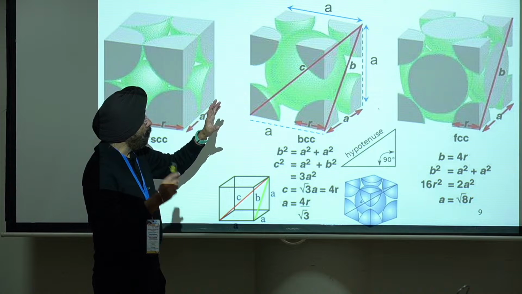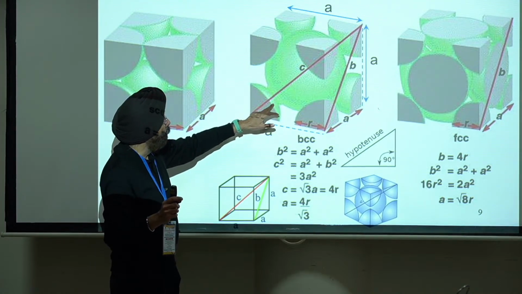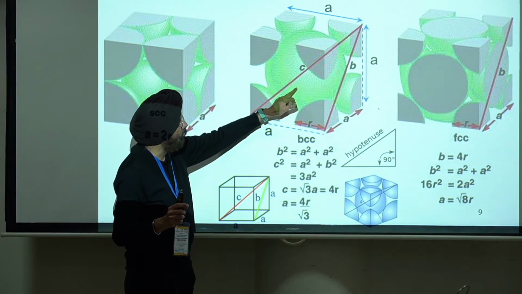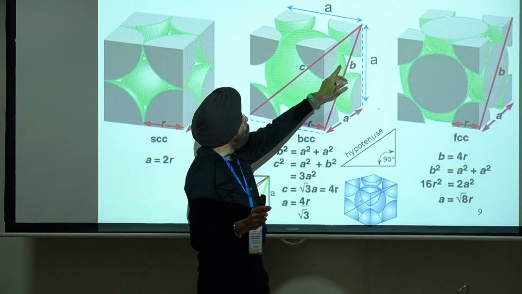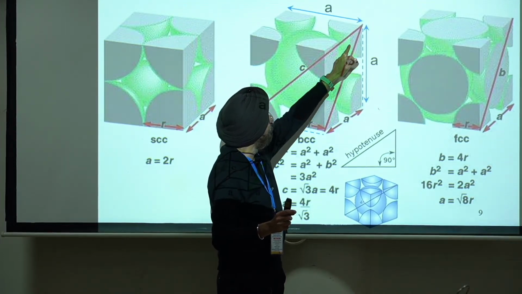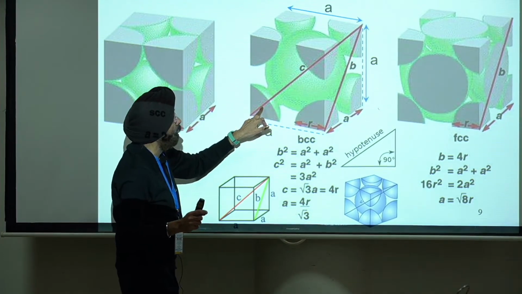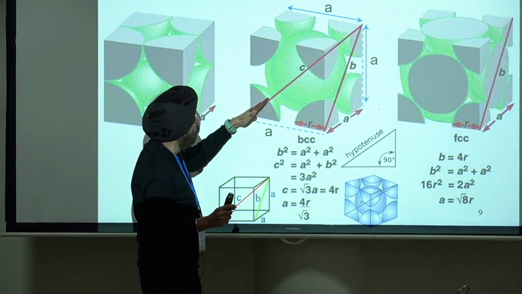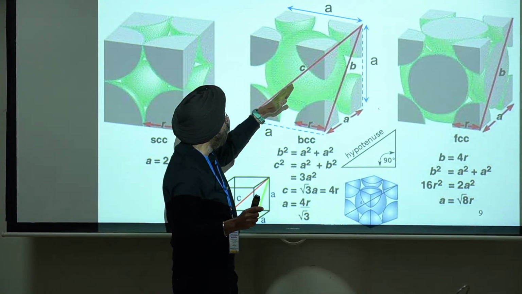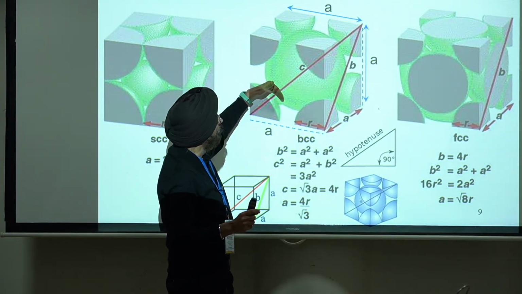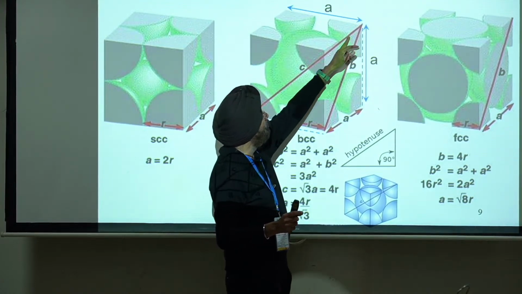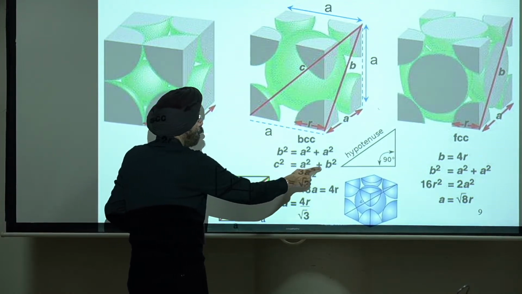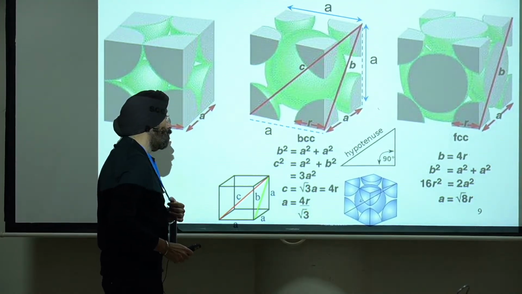You will see the atom at this corner is touching the atom placed in the center, and the central atom is again touching over there. So this is R, this is 2R, the diameter of an atom, because the line is running through the atom from one side to another. So it's 2R, and there is another R. Therefore, what we can say is C squared is A squared plus B squared, right?